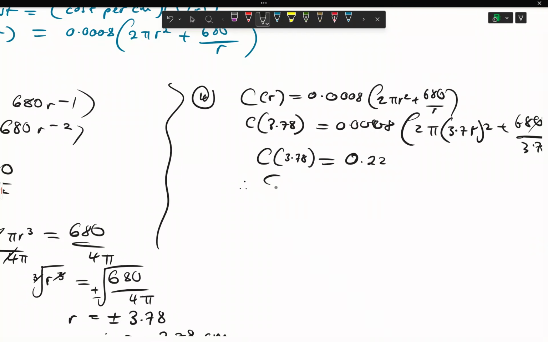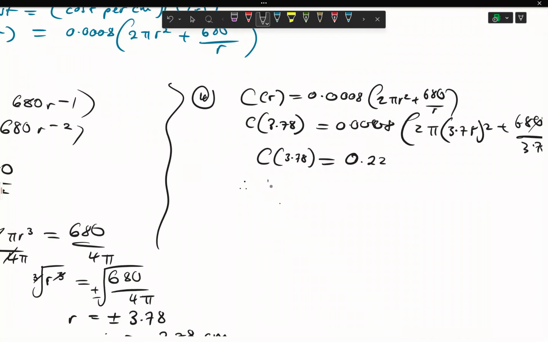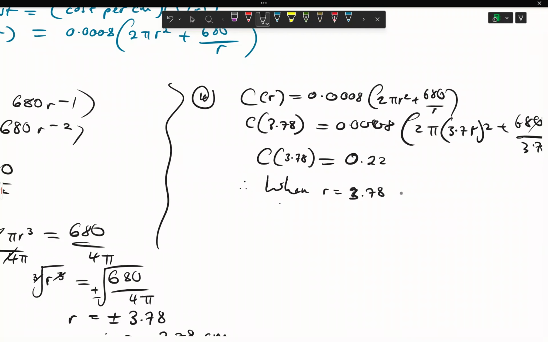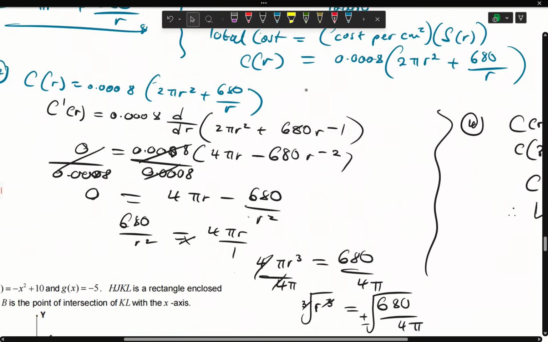Therefore, when R is equal to 3.78, the minimum cost of one can is 0.22, and then this is just to be rent. Okay, this is cost, guys. This is rent, né? Guys, do I have to show you that?